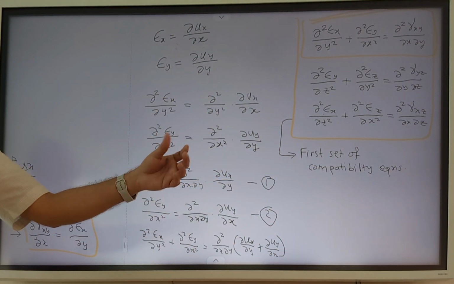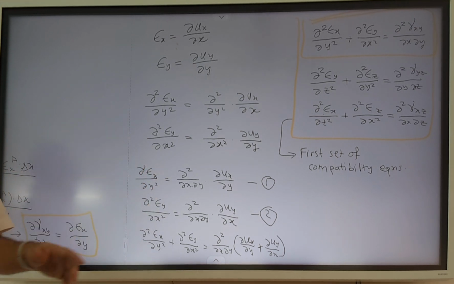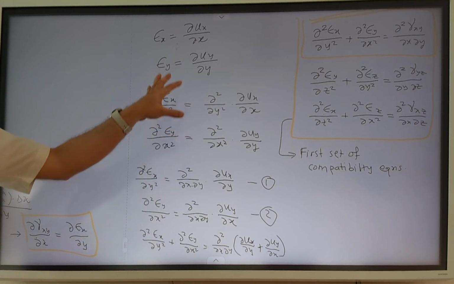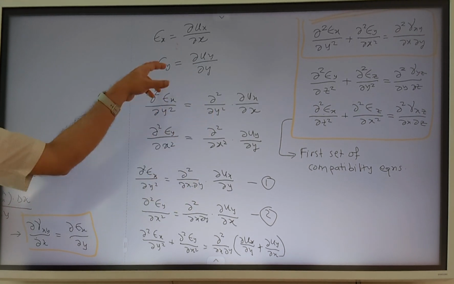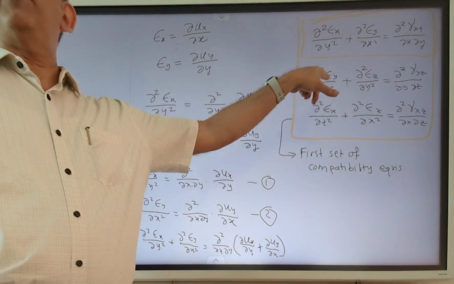There is another set of compatibility equations which again can be derived in a similar fashion. It only requires 3 more steps, so that derivation we are not covering. For this particular course, we are covering only the derivation of the first set of compatibility equations, which is fairly simple. You may be asked to derive any one of them.